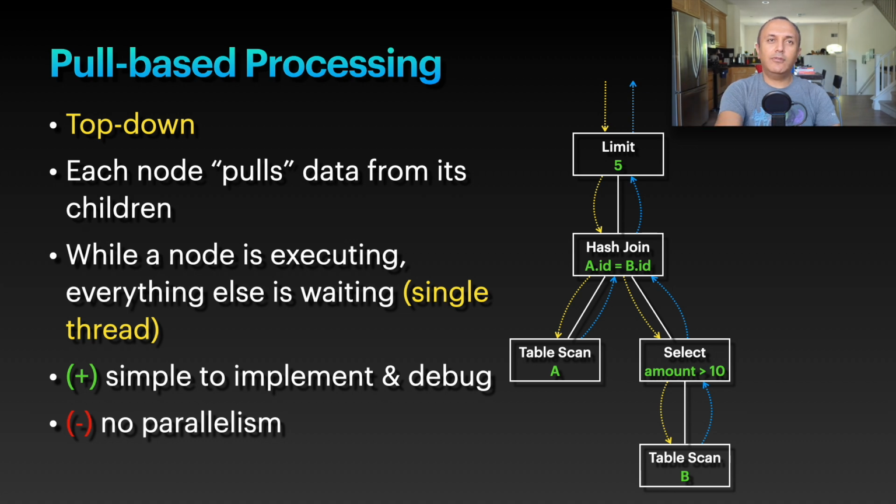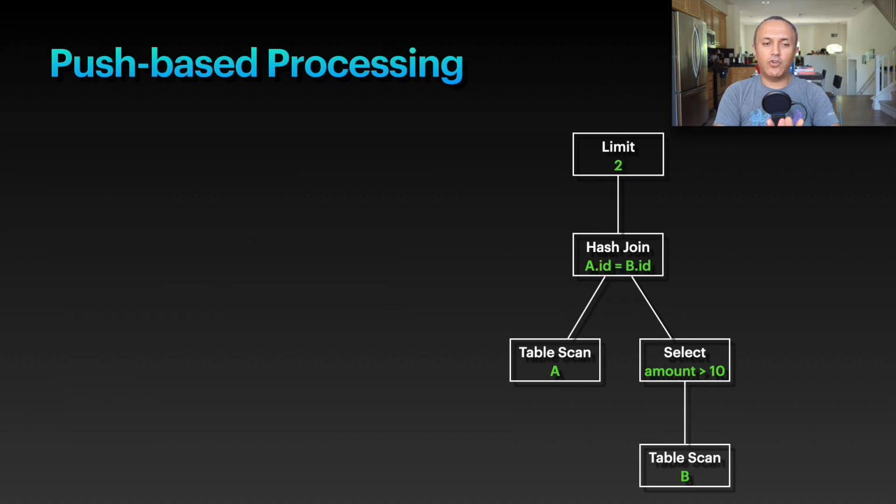Now, the other side is what we call push-based processing. Clearly, we're trying to increase parallelism now. So how do we do that? With push-based processing, just judging by the name, instead of each node pulling data from its child, we're going to make the children push data to their parents. So this is going to be bottom up. It's driven from the bottom, and nodes are just going to push their outputs upwards.